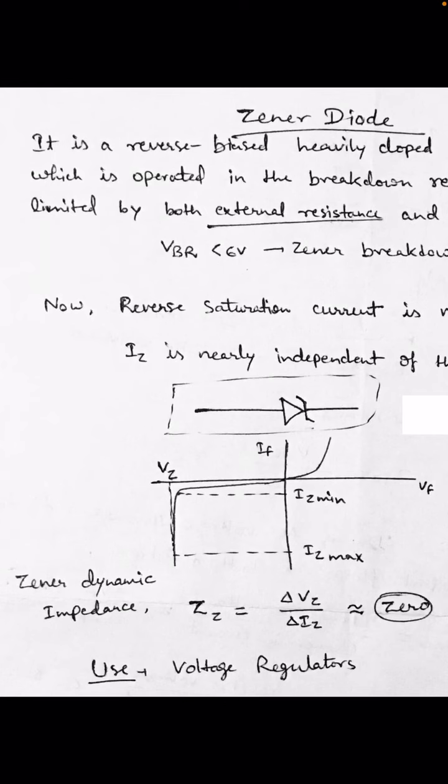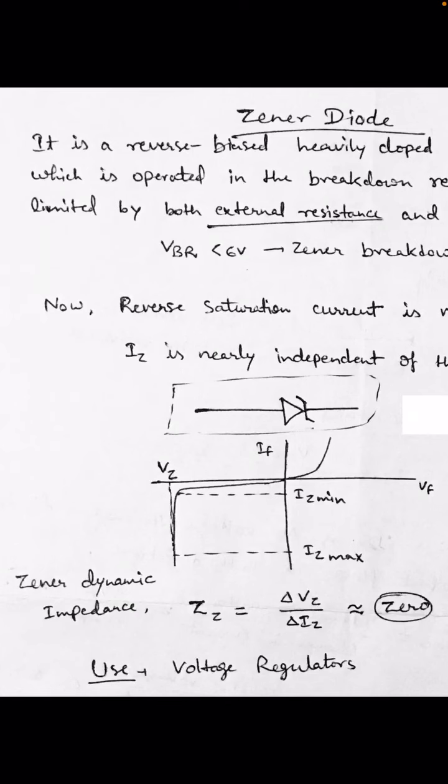This property can be used in voltage regulation, which is an important part of power supplies. When we discuss rectifiers later, the output of the rectifier will need to be regulated, because we should not have fluctuation.